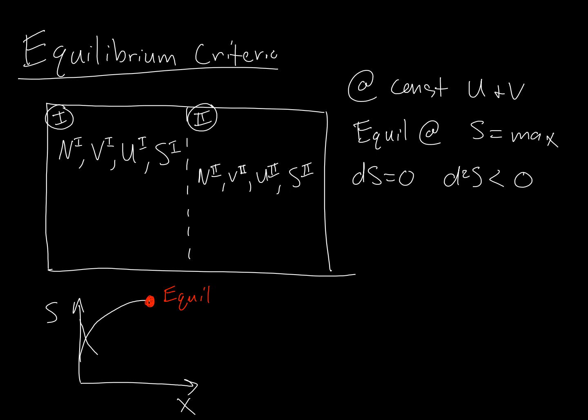If entropy had a shape like this, we still have a criteria down here where dS is equal to 0, but this is unstable. Any small perturbation in the system will cause an increase in entropy, which will then rapidly shoot up and go to a maximum state of entropy.